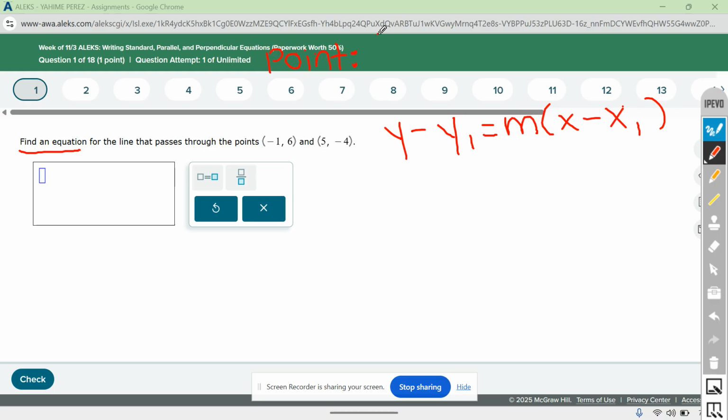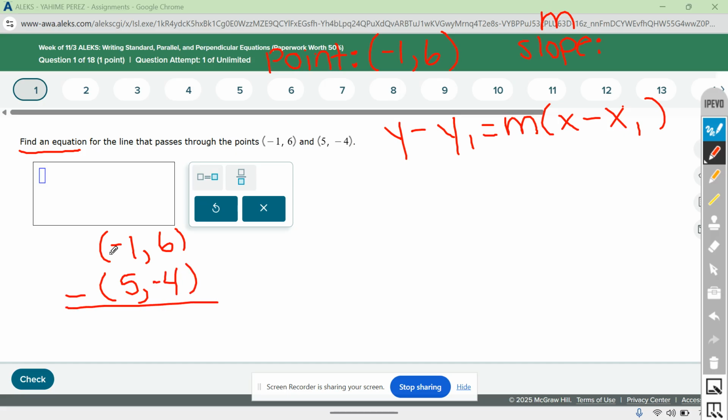So here, let's say I'm going to go with -1, 6, and then I'm going to have to find the slope, which is the m. So I have to find slope because I already have the point. To find the slope, I'm just going to stack up these 2 points and subtract them.